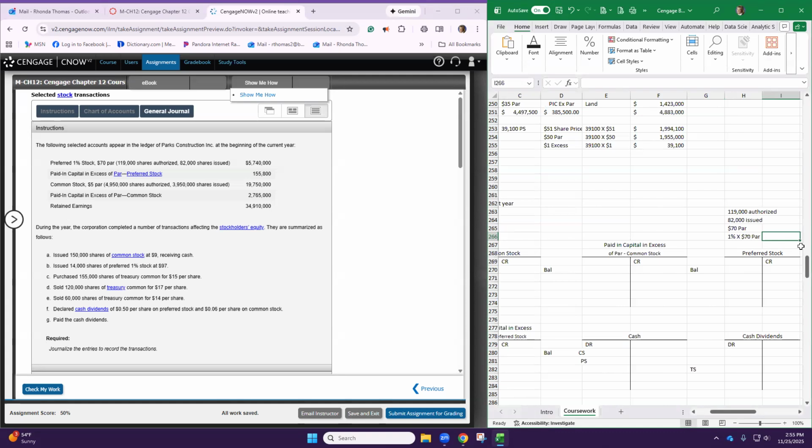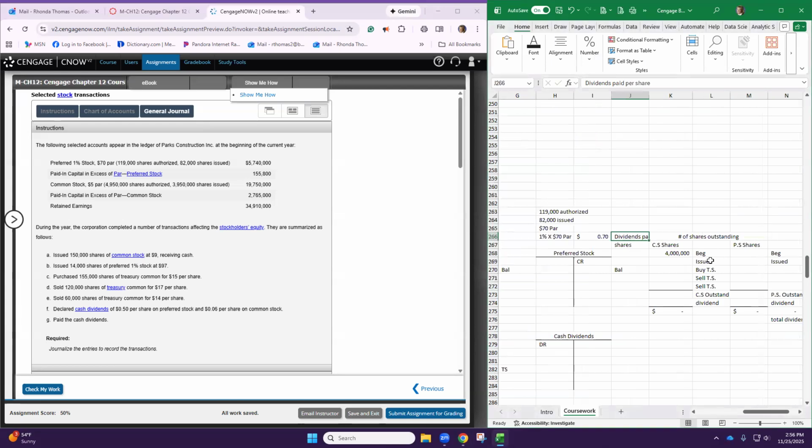So if you take 70 times 1%, you get 70 cents. Okay, is that correct? 1%. Okay, all right, so we want that in dollars. So this is saying dividends per share, 70 cents.